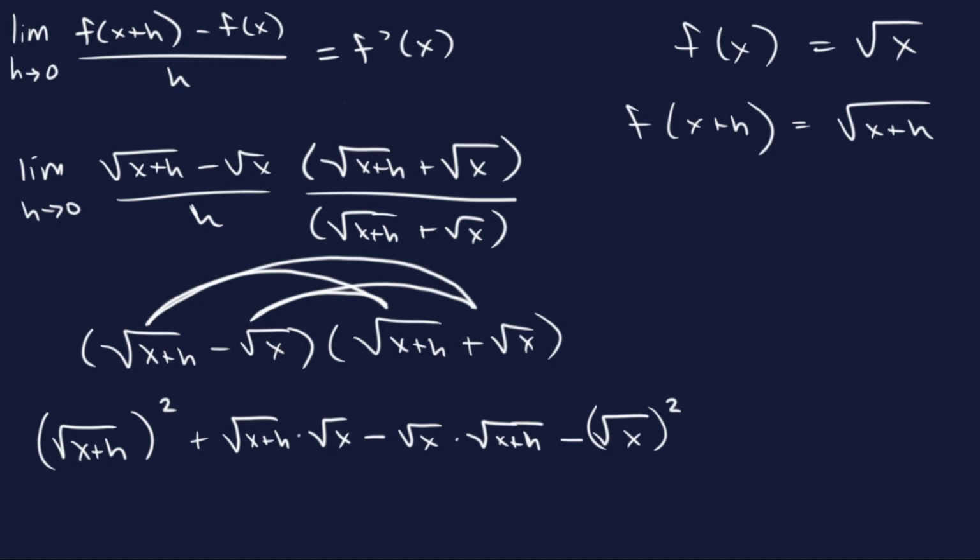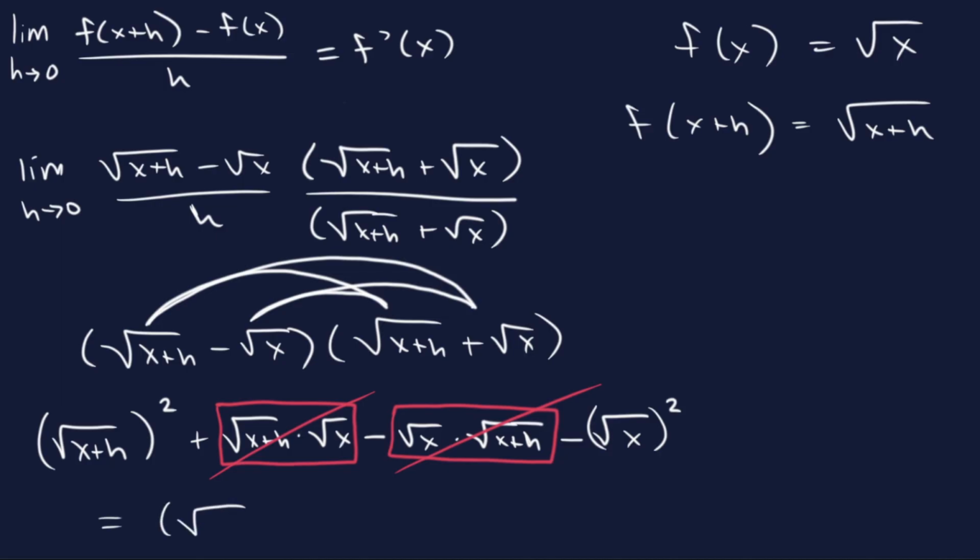So what you see is these two terms in the middle are the exact same thing, just because it's the square root of x times the square root of x plus h. And since they're being subtracted, these two actually cancel out. And what you are left with is the square root of x plus h squared minus the square root of x squared.